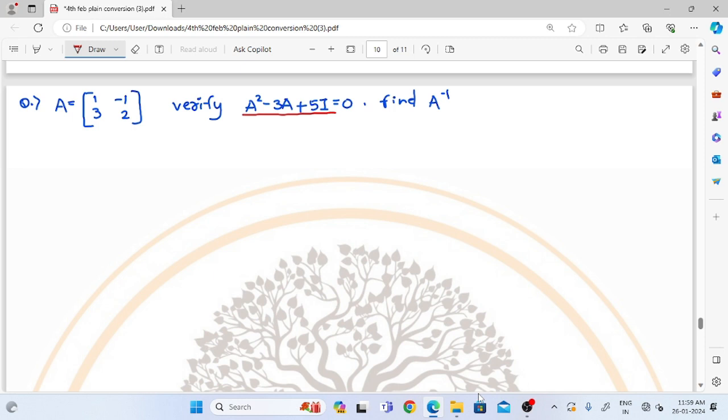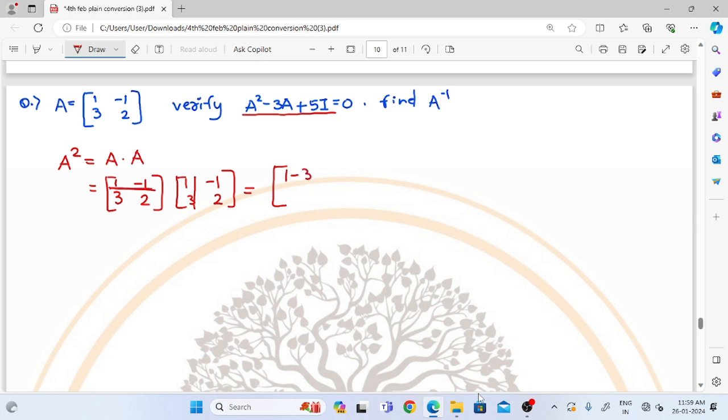So let's find A square first. A square means nothing but A into A. A is [1, -1; 3, 2], again into A, [1, -1; 3, 2]. How to find A square? First row, first column: 1 into 1 is 1, then minus 1 into 3 is minus 3.